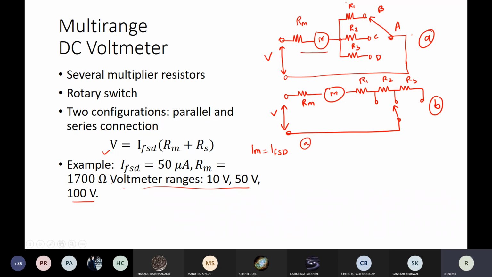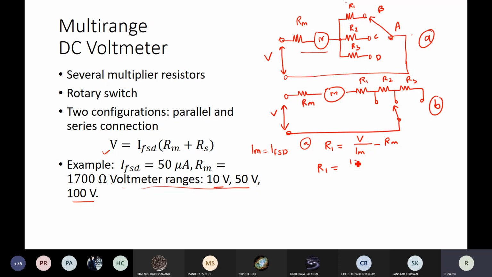In case A, how will you design the values of R1, R2, and R3? The value of R1 will be V divided by Im minus Rm. For R1, the voltmeter range I need is 10 volts.